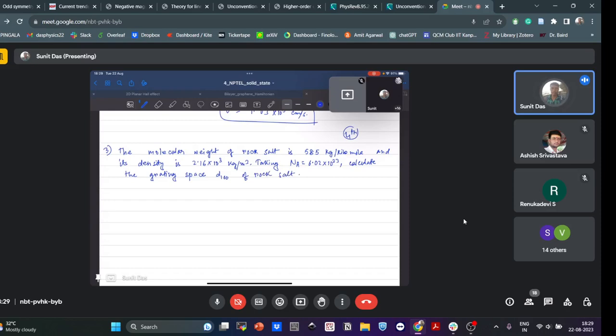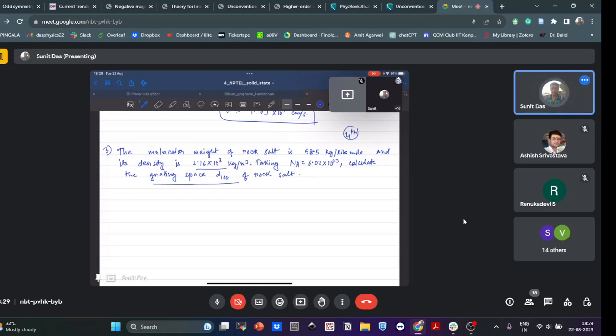Okay, so the question is: the molecular weight of rock salt is given as 58.5 kg per kilomole, and its density is also given. Now we need to find the grating space d100 of rock salt.